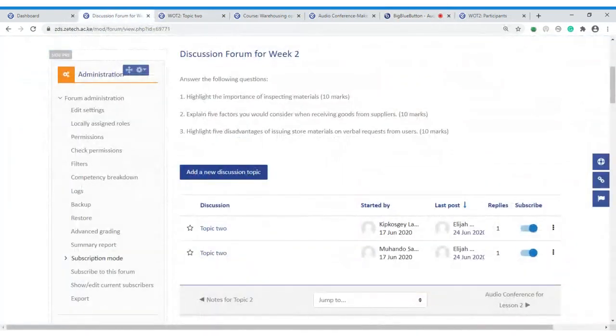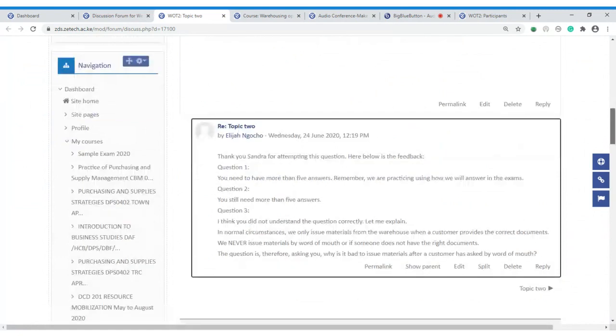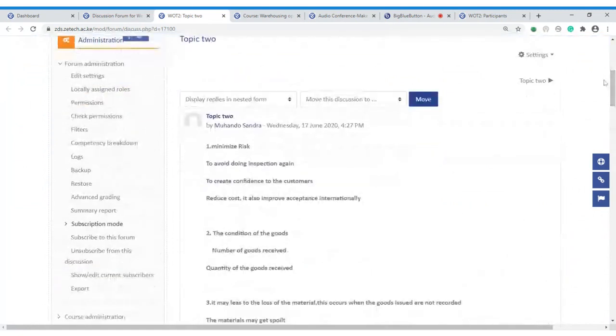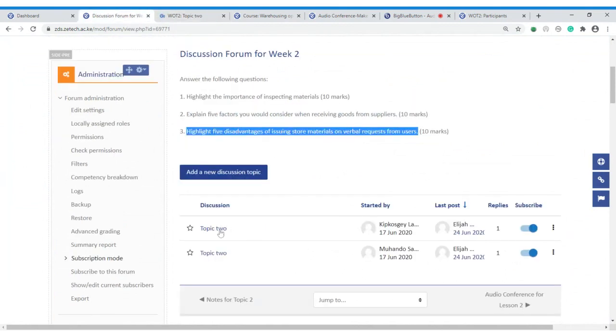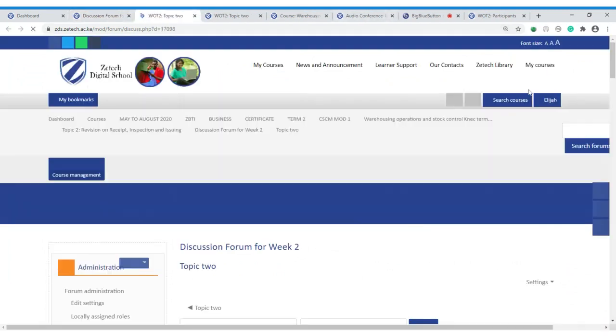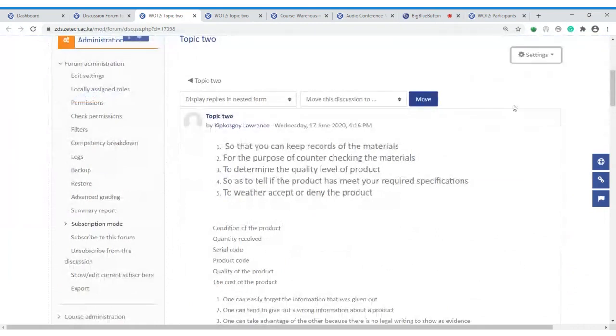Highlight 5 disadvantages of issuing stores materials, and I will lock you out from seeing Lawrence's answers. Let me unlock this one. I know you can see me locking and unlocking, but it's okay. This is what we do behind the scenes. Let me just lock it here. Let me lock Lawrence's answers.